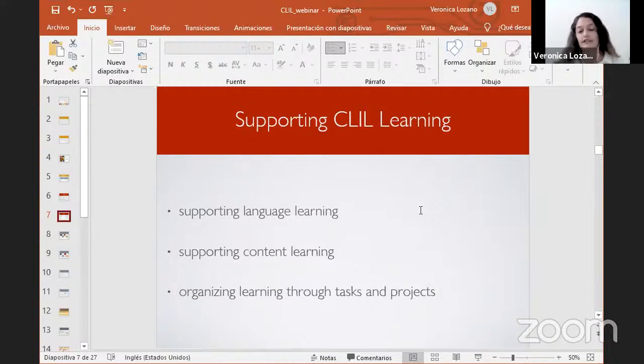You're going to decide depending on where you are and where you want to go. We're first going to look at ways to support language learning when you're teaching, for example, a maths lesson, how to integrate language. Then we're going to look at some options for supporting content. This is how to make content that might appear difficult or challenging more accessible to learners.